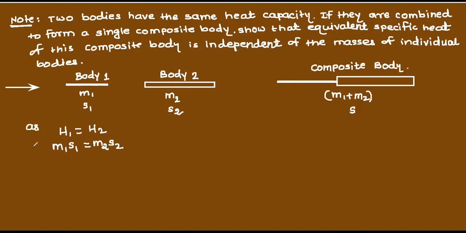As H1 is equal to H2, therefore M1 S1 is equal to M2 S2, because they have same thermal capacity. Understanding? So therefore I am getting here M1 by M2 is equal to S2 by S1. Call this equation number 1. Is that clear what I am getting? M1 by M2 is equal to S2 by S1.